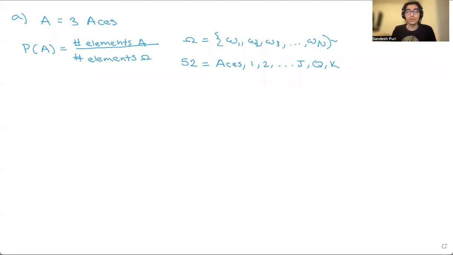Next, we want to kind of define what type of problem this is. So in problem A, we're pulling 3 aces from a 52 card deck, okay, out of a sample of 7. So actually, let me try to visualize this, okay? So we have a 52 card deck here.